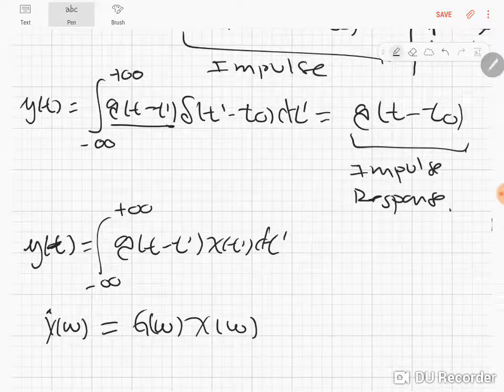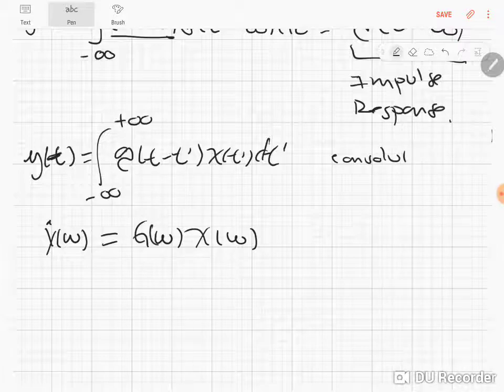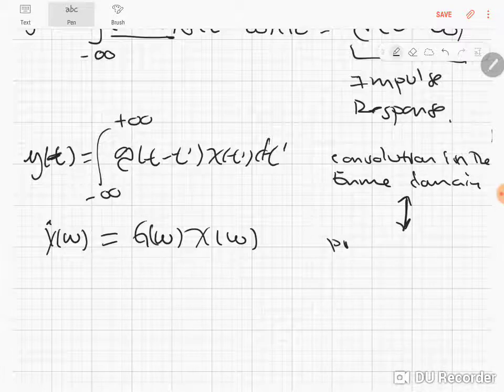So this is a property that says that a convolution in the time domain transforms as a product in the Fourier domain.